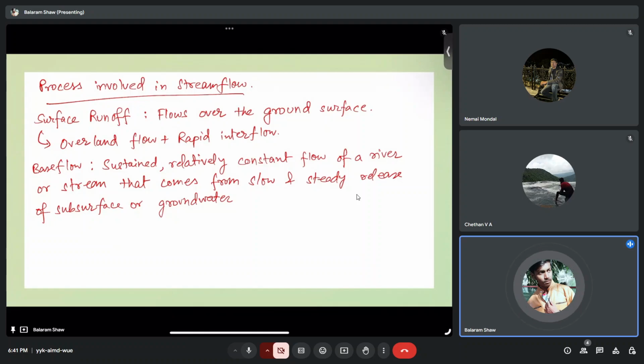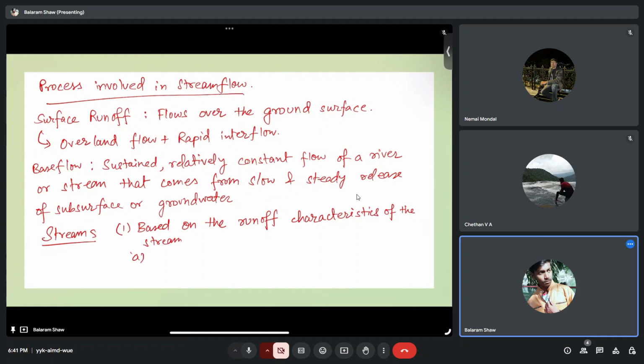Okay. So we have understood the stream flow processes, and these streams can also be classified into different categories. Based on the runoff characteristics of the stream, it can be classified into ephemeral rivers.